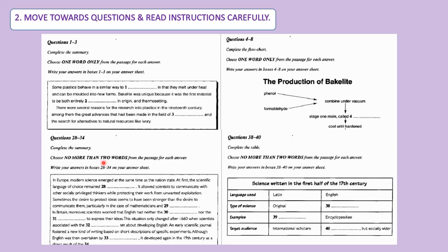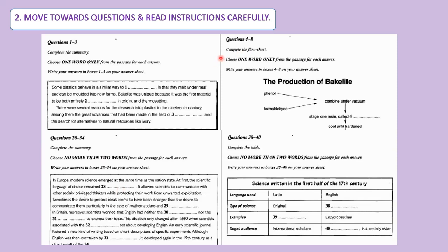So I have to finalize by reading the passage and comprehending everything, whether the answer is of one word or two words. So I have to be extremely conscious at this point.